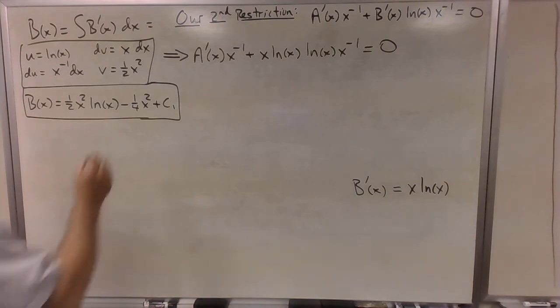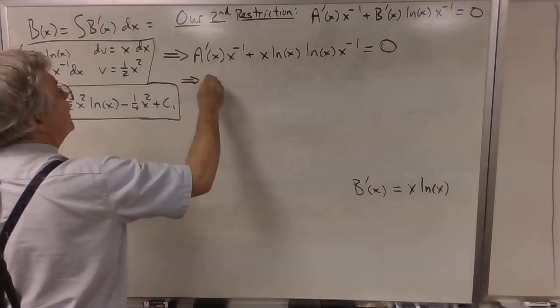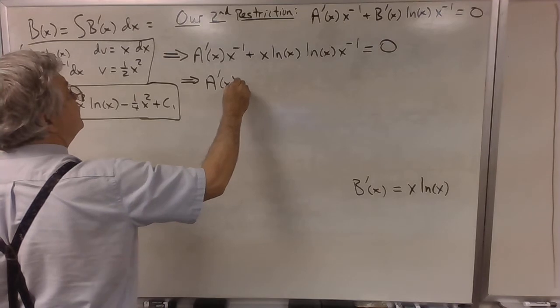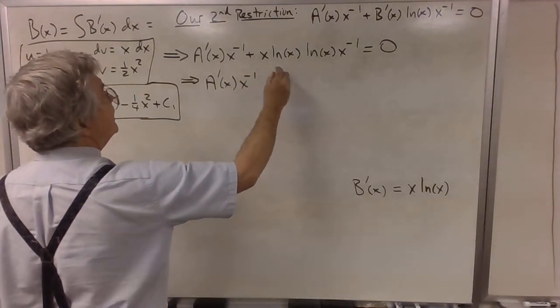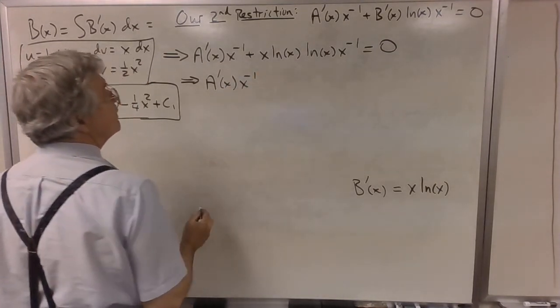Okay. a prime of x times x to the negative 1. x times x to the negative 1 is 1.